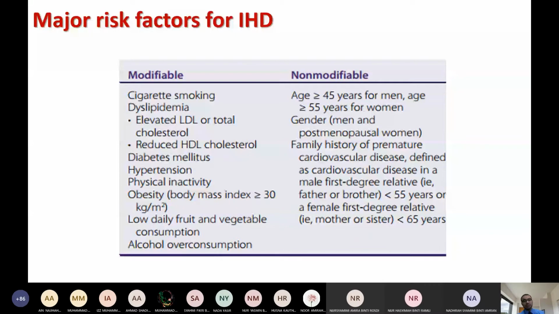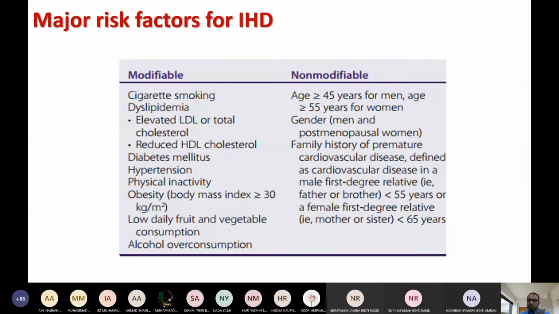That's why we say modifiable, or non-modifiable risk factors that we cannot play with. Modifiable, of course, we have smoking, dyslipidemia, diabetes, hypertension, very significant modifiable risk factors, and all of these are well-established risk factors for ischemic heart disease.